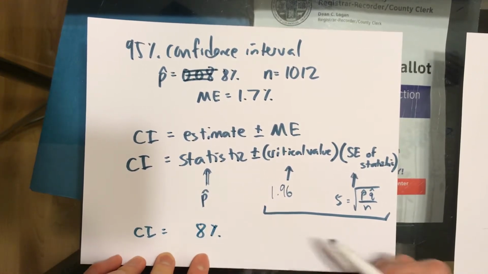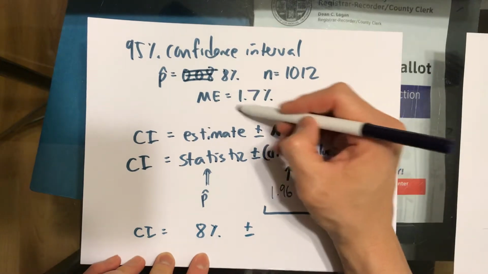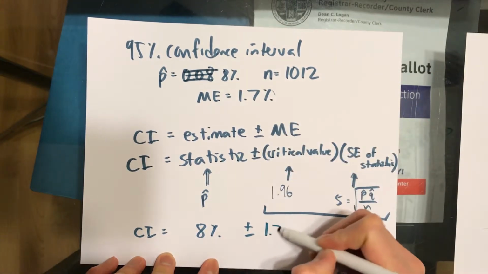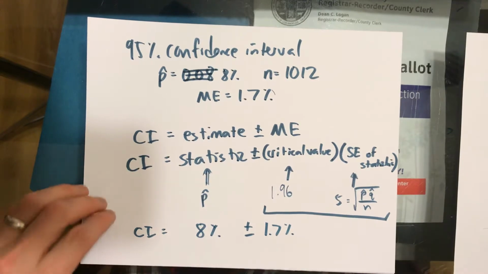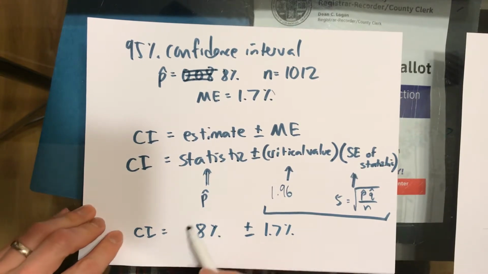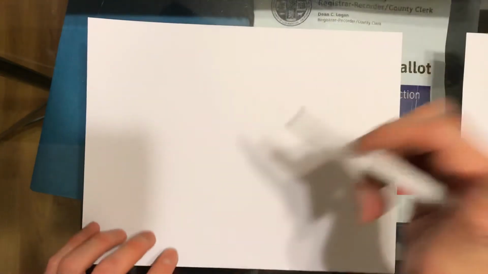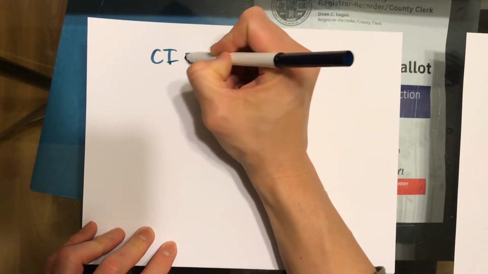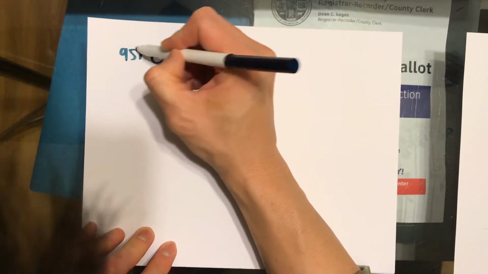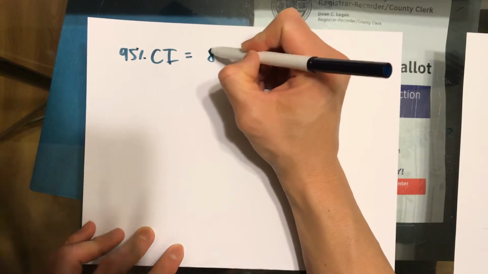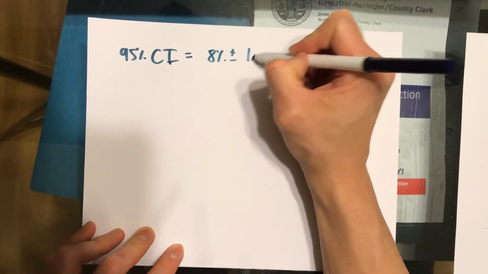It's 8% plus or minus, as we already did earlier, 1.7%. So you can write it like this: the 95% confidence interval is 8% plus or minus 1.7%.